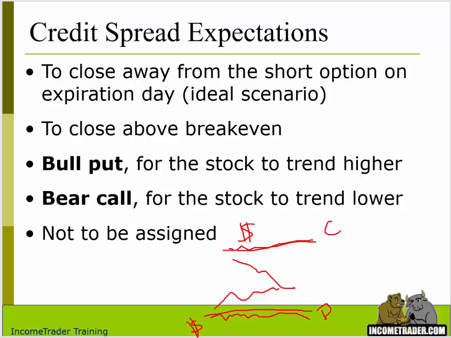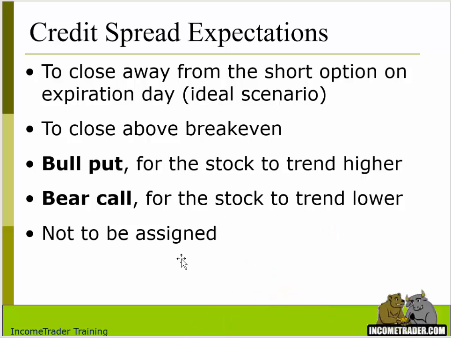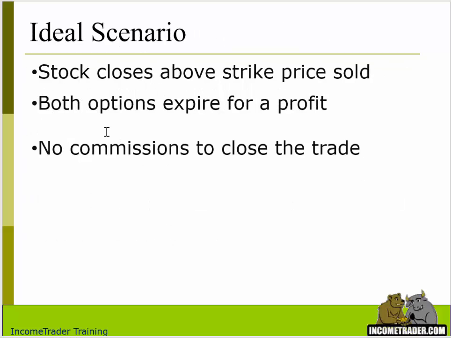You'll notice as we go on in your training how we can actually take advantage of this for new traders and potentially bring in even more cash. But for now, let's take a look at a bull put spread ideal scenario. We would like our stock to close above the strike price sold. So let's say I were to sell the $25 put right here.